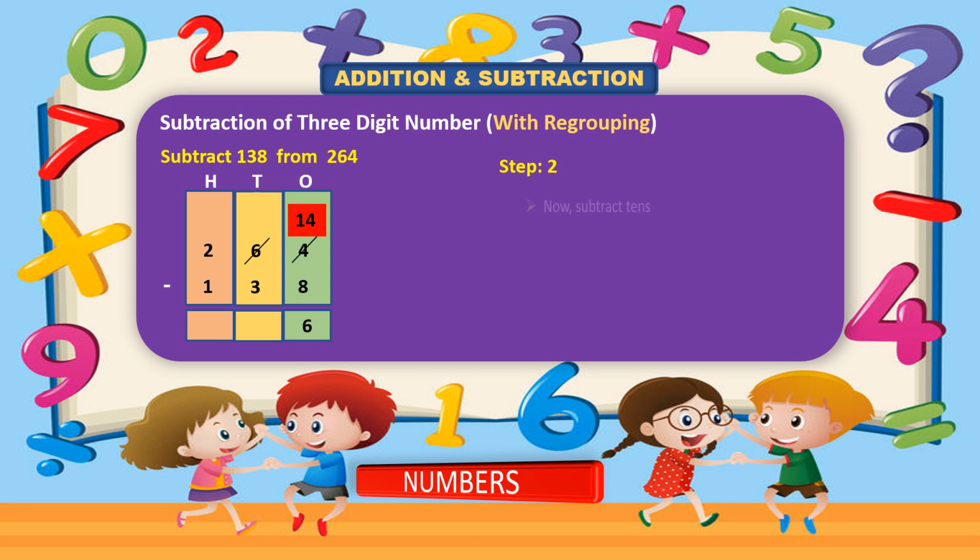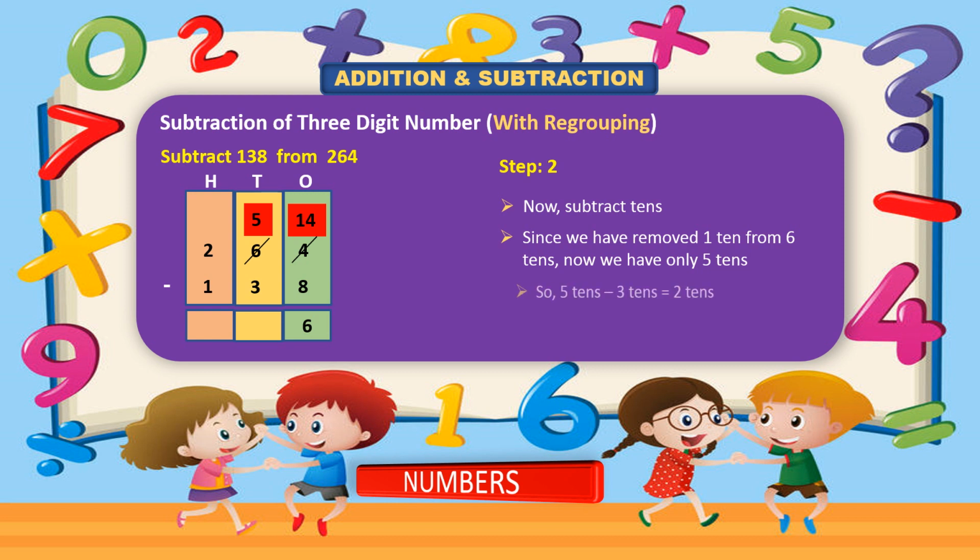Step 2. Now subtract tens. Since we have removed 1 ten from 6 tens, now we have only 5 tens. So 5 tens minus 3 tens is equal to 2 tens.